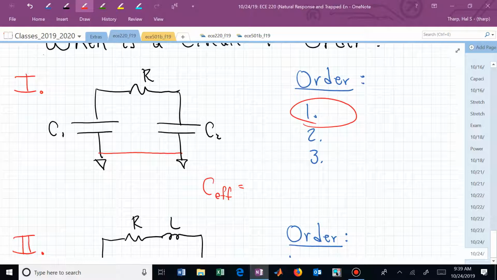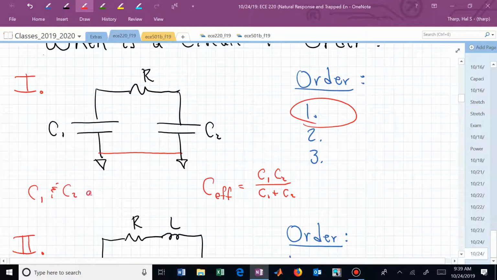Yes, capacitors are the dual of our inductors, aren't they? Inductors combine like resistors, so now in series with capacitors, the effective capacitor would be C1 C2 over C1 plus C2. And let me just make it clear that C1 and C2 are in series.